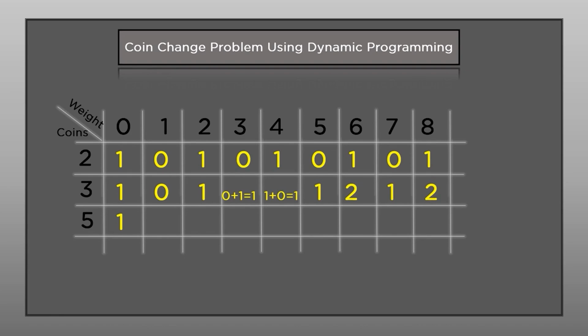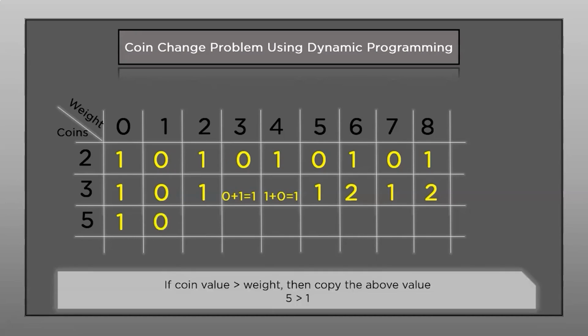3 coin denominations. Now that we have coin value 5, we use the same trick. If coin value 5 is greater than the sum of 1, which is true, we simply copy the values which are lying above the row. So we have done the first row, that is 0.